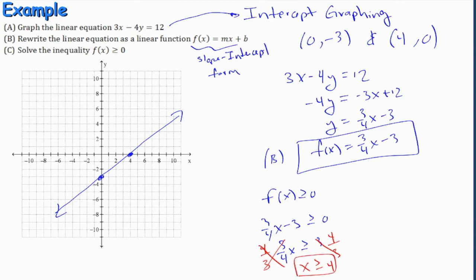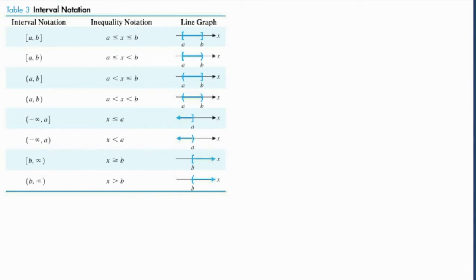And part C, the answer is that f of x is greater than or equal to 0 when x is greater than or equal to 4. And we can see that when x is 4 or larger, the y values are 0 or larger.